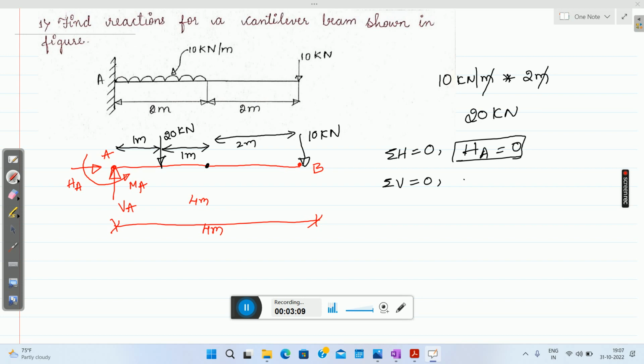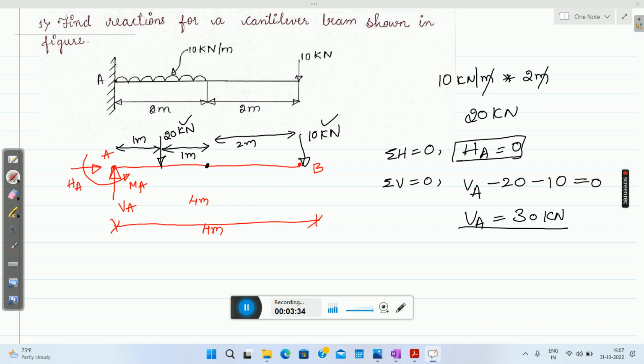So vertical forces are VA minus 20 kilonewton minus 10 kilonewton equals 0. So this is 20 kilonewton and this is 10. So therefore VA equals 30 kilonewton.